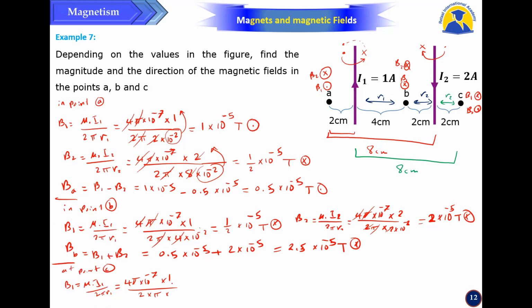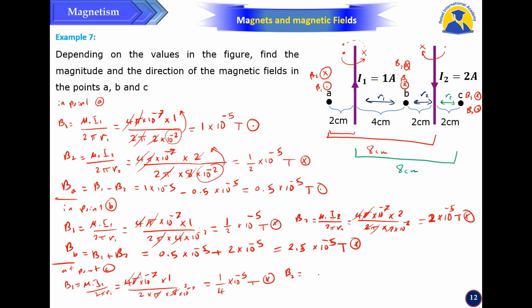So here R1 is 8 multiplied by 10 power minus 2. Okay, 4 with 8 cancel, we still have 2. Pi with pi cancel, so the answer will be 1 divided by 4 multiplied by 10 power minus 5 Tesla, and the direction of B1 is X.